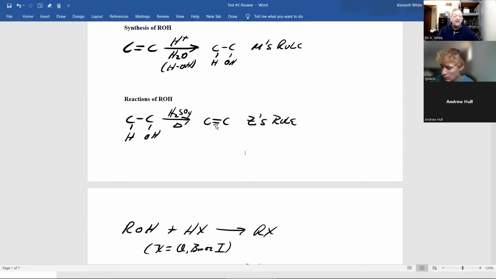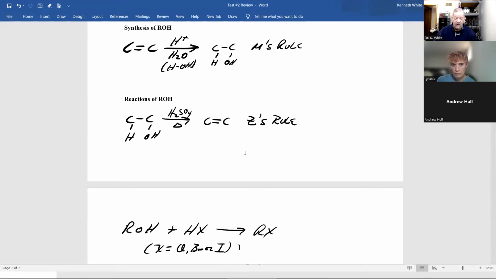I didn't here. You'll get a double bond, and it follows Zaitsev's rule. And the way I've interpreted for this class or taught Zaitsev's rule, you get the double bond product that has the most carbon atoms directly bonded to the carbons of the double bond.